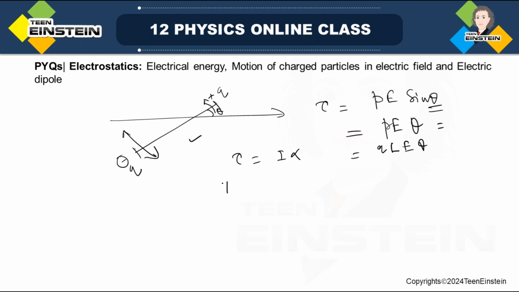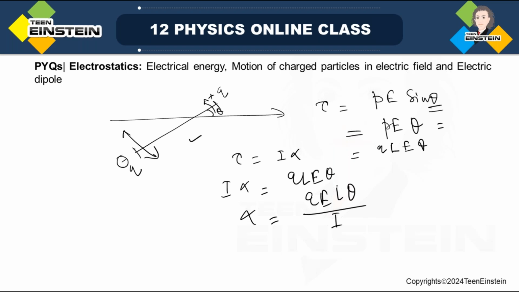Now this can be written as I alpha is equal to Q L E theta. Okay, now what is alpha? Alpha is Q E L theta by I. So far it is fine.